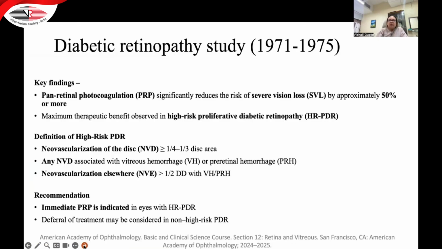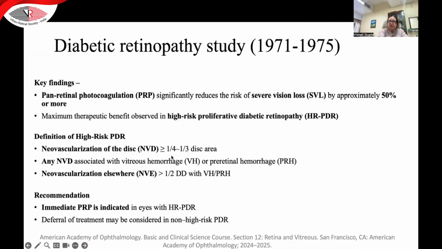The first study which was done about proliferative diabetic retinopathy was a long time ago, between 1971 and 75, which is famously called the Diabetic Retinopathy Study. I will not go into too much detail, but they recommended that if you have high risk PDR, and what is high risk?